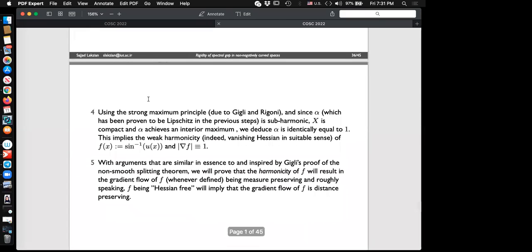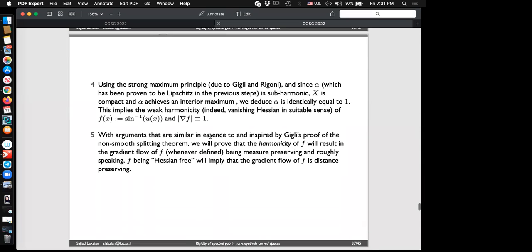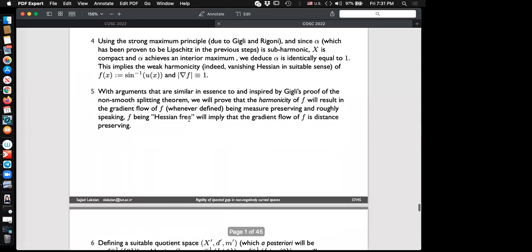The strong maximum principle that you would use here is the one that started with Björn's work, and then was perhaps perfected by Gigli, and later other versions appeared by Gigli and Rigoni.